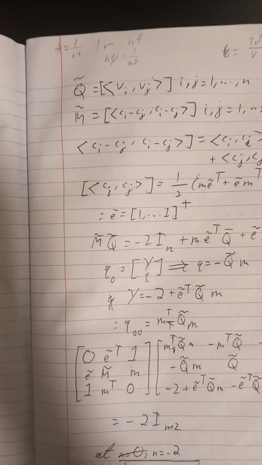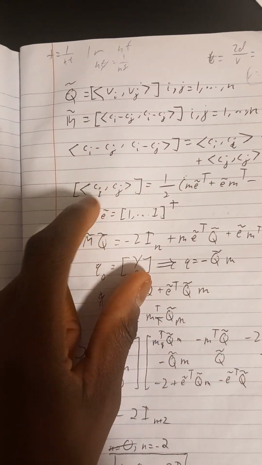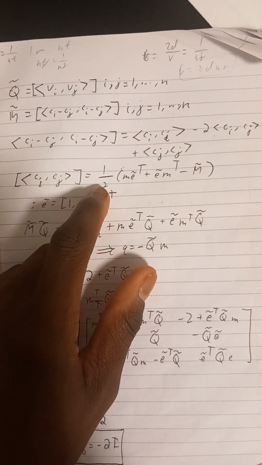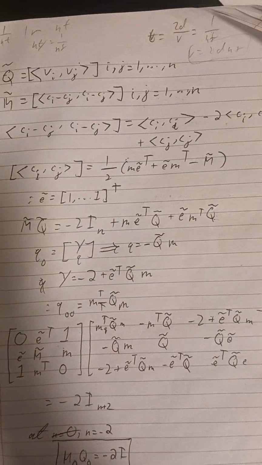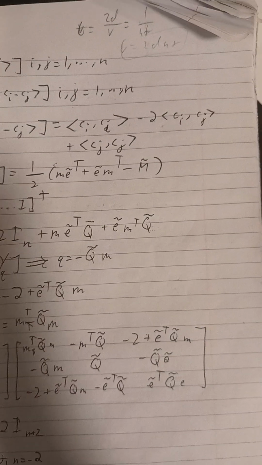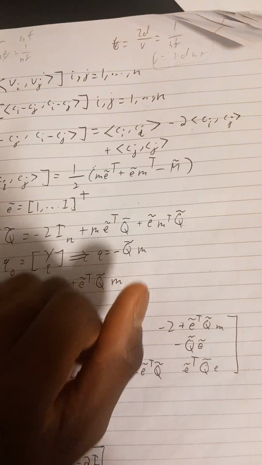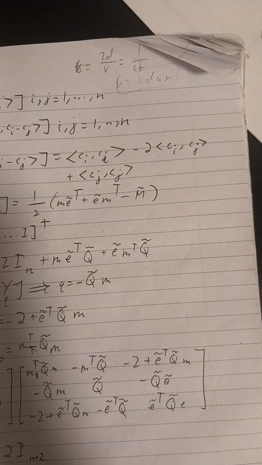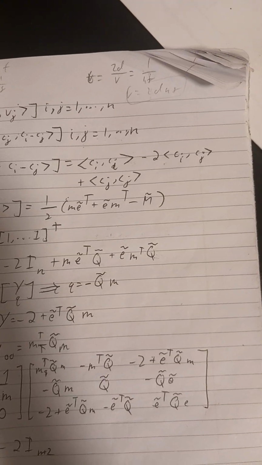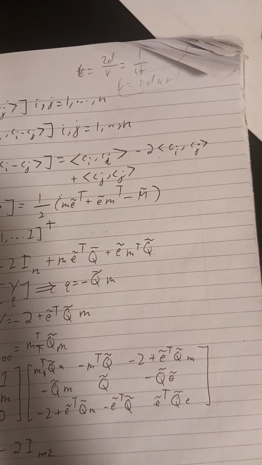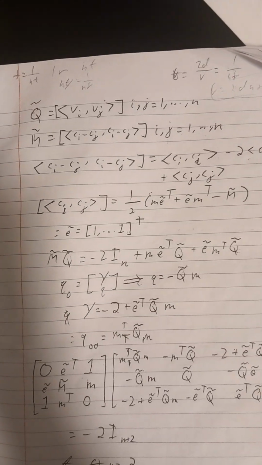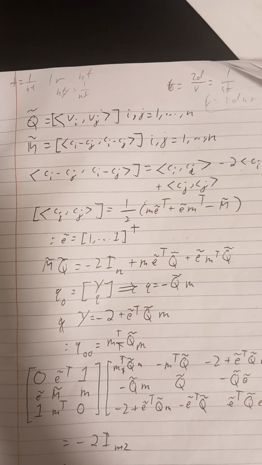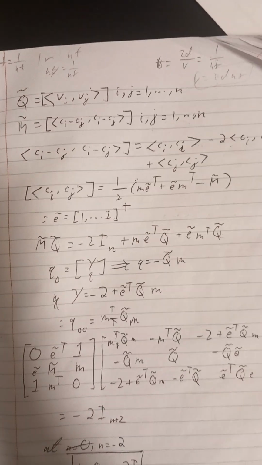And we could then go on to say that as a result of this, the result of this bracket notation is a function equal to 1/2 times M of e-tilde transposition, minus the tilde of e M transposition, minus the transposition of the M matrix in general, such that the e-tilde is just a line matrix from 1 to 1 transposed.